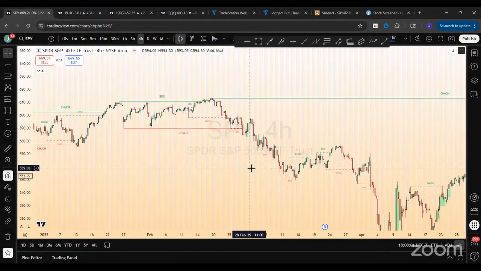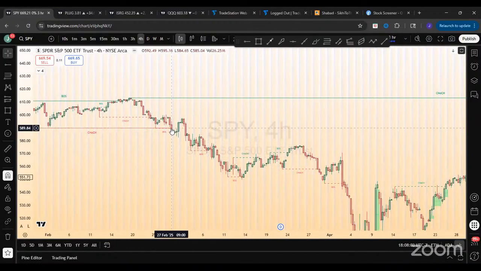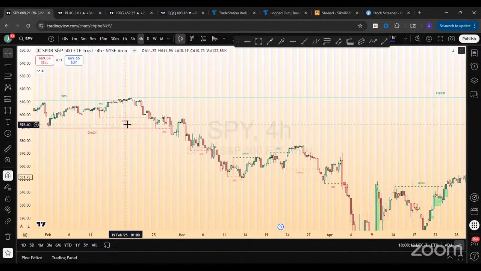That should have warned that things could change. It came right at the end of February. Before the swing bearish change of character, you had also gotten a local bearish change of character.